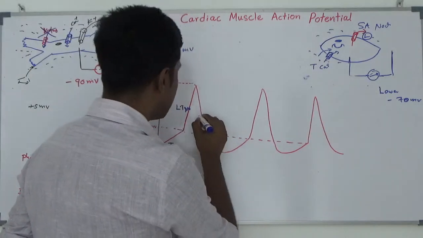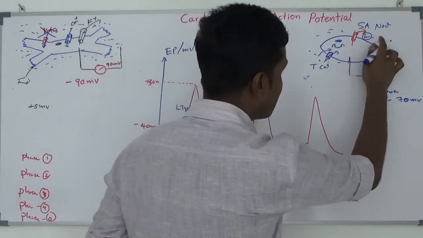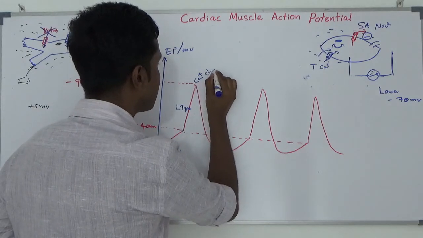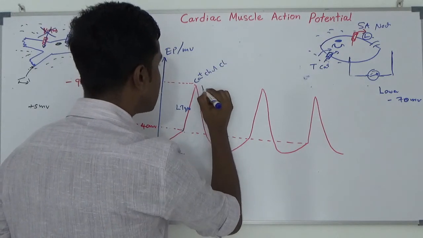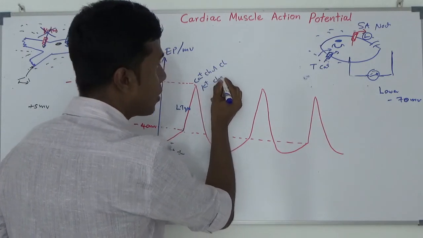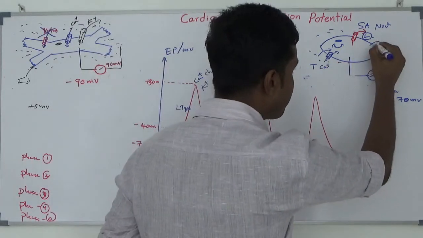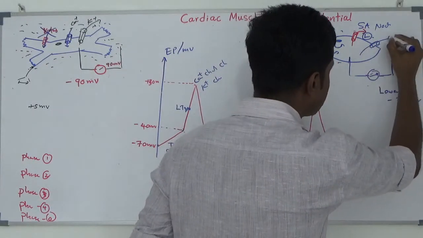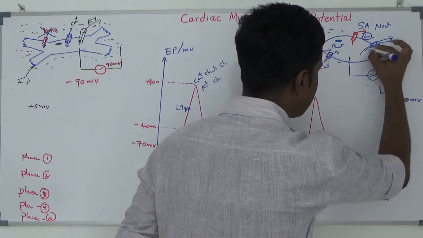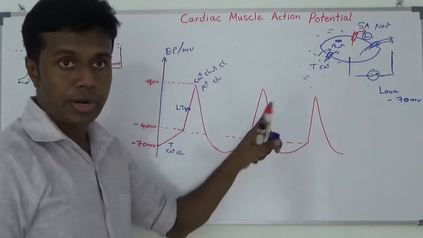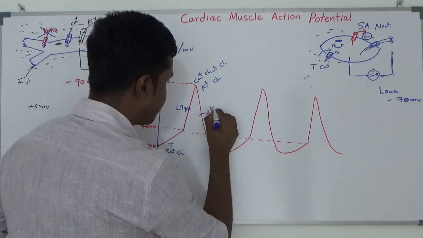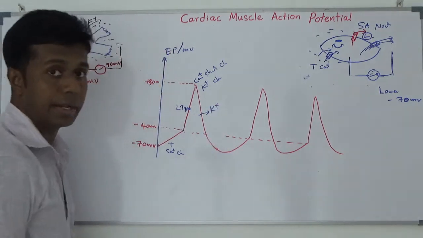After that, your potassium channel opens. Here your calcium channel closes, and here your potassium channel opens. What happens when the potassium channel opens? There is much more potassium inside the cell, so potassium tries to go outside. Because of potassium efflux, the cell becomes negative.